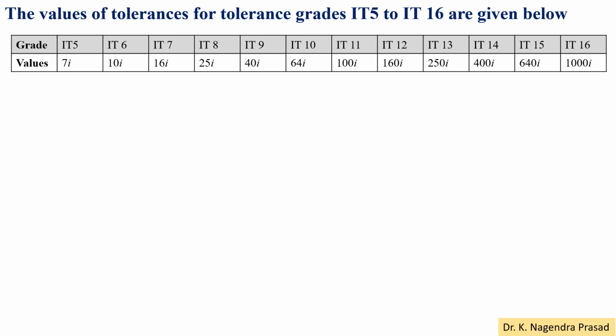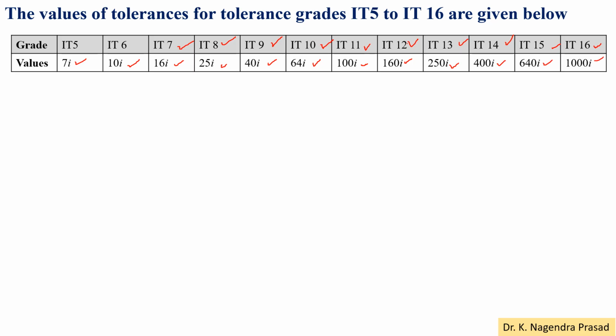IT5 value is 7i, IT6 is 10i, IT7 is 16i, IT8 is 25i, IT9 is 40i, IT10 is 64i, and IT11 is 100i, for IT12 160i, for IT13 250i, IT14 400i, for IT15 640i, IT16 1000i.